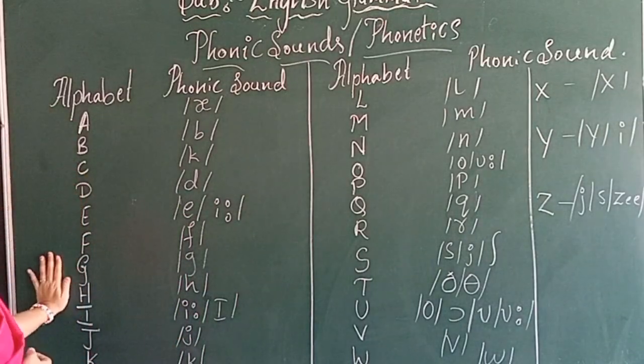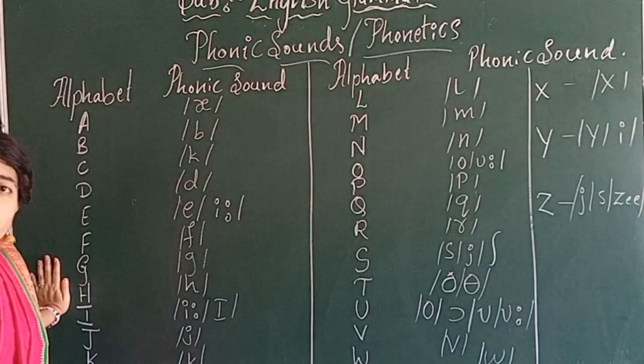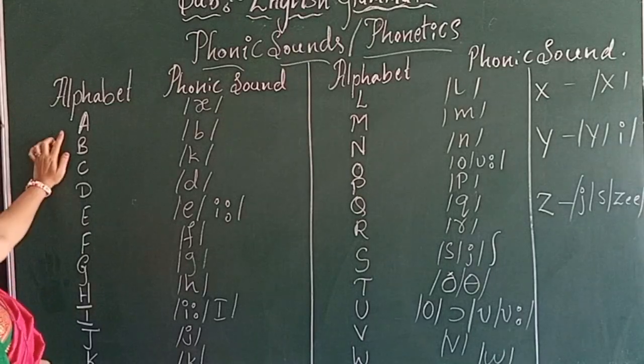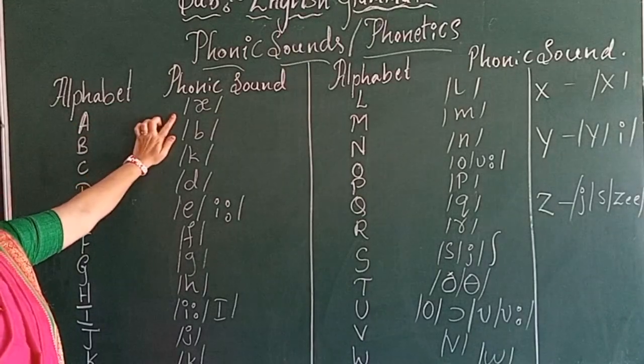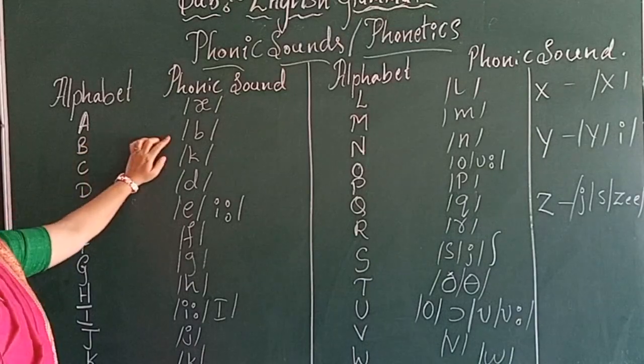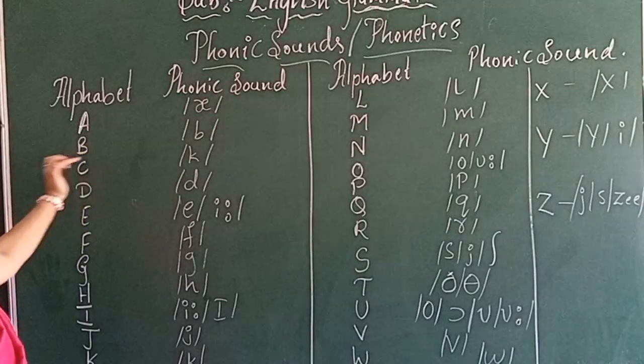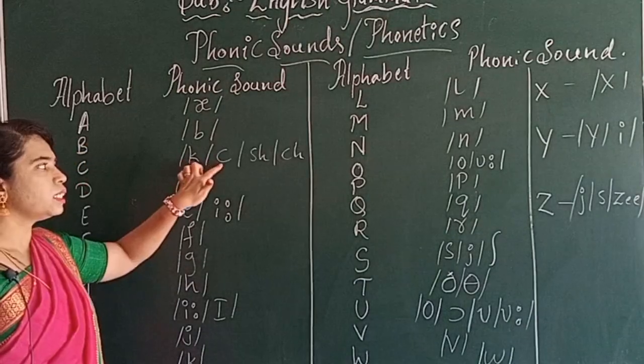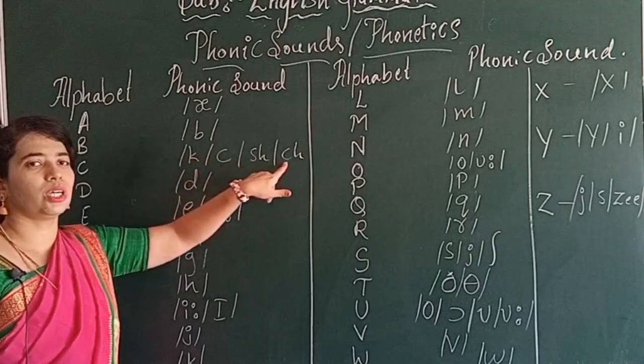These are the names of the alphabet given in the English language. A used as A. B used as B. C used as K, C, Sh, Ch.